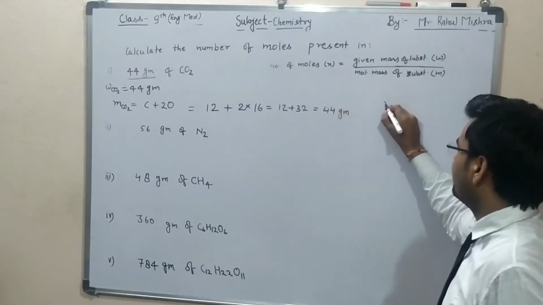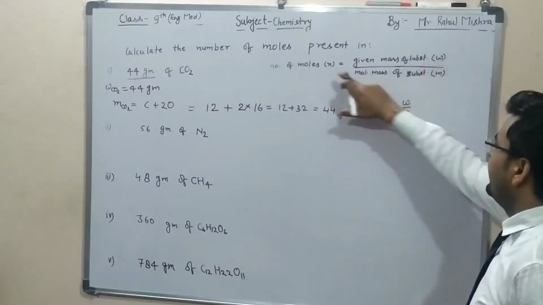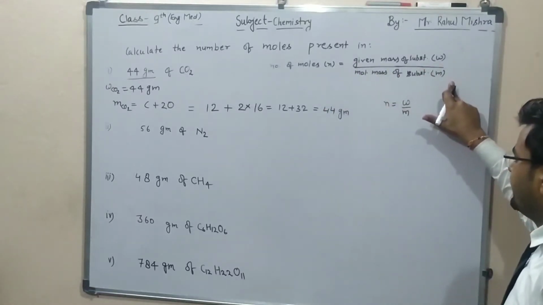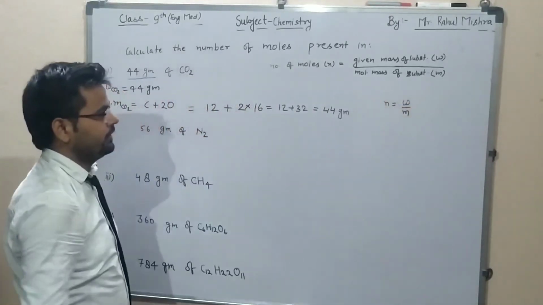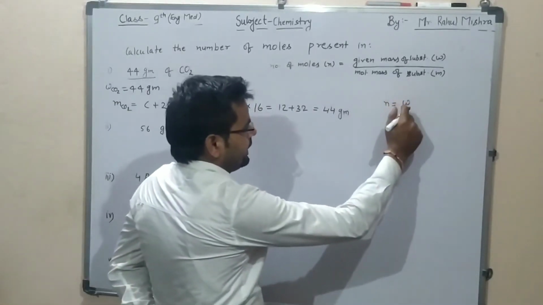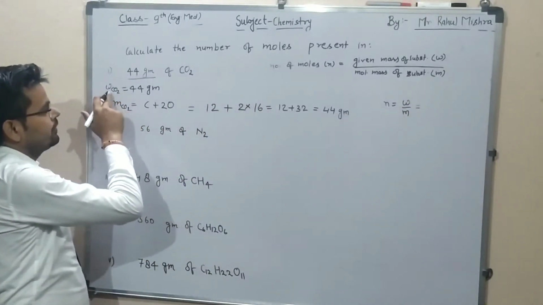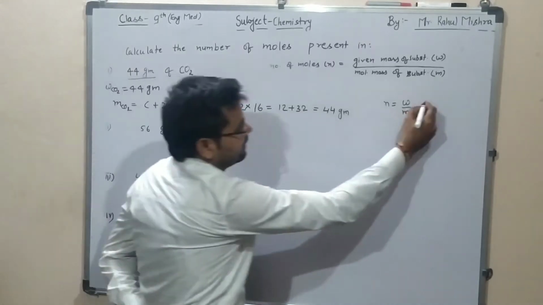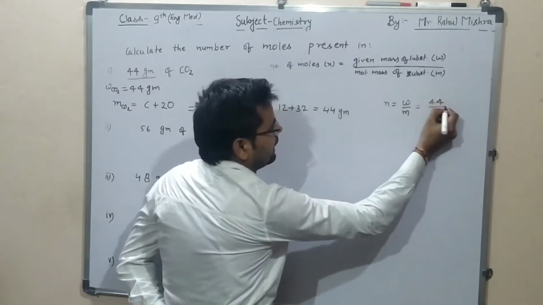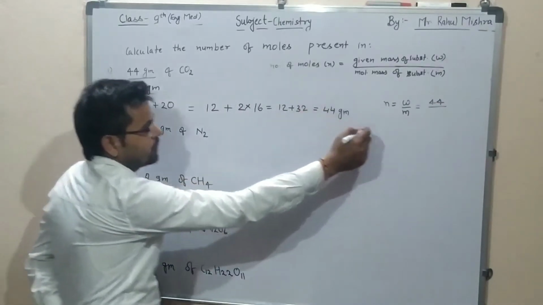Now number of moles n is equal to w by m. Here w is the given mass of CO2, it is 44 gram, and you have calculated the molecular mass, it is also 44 gram.